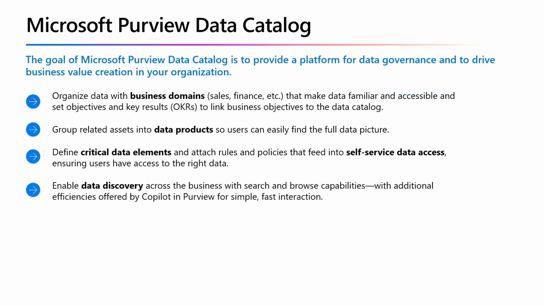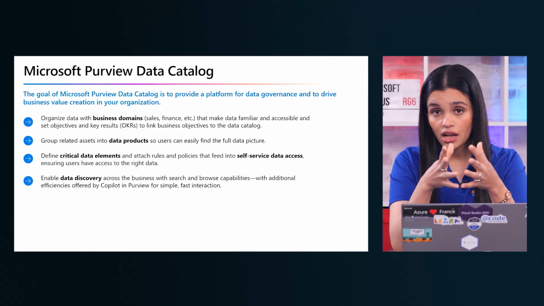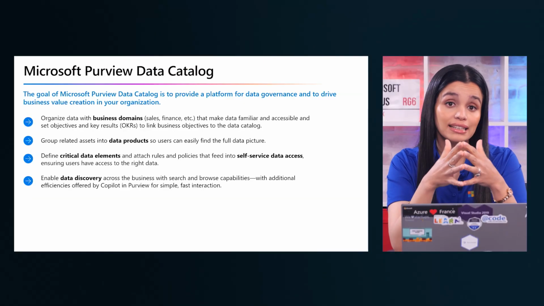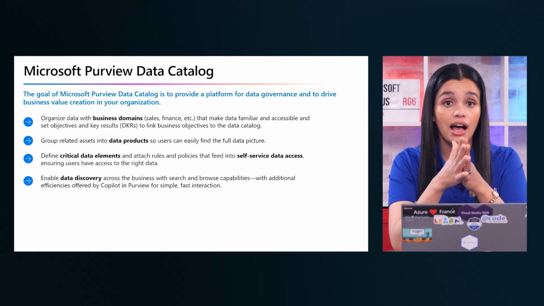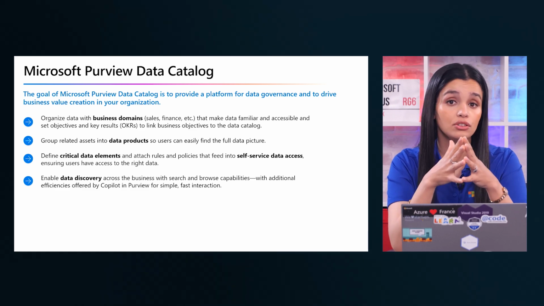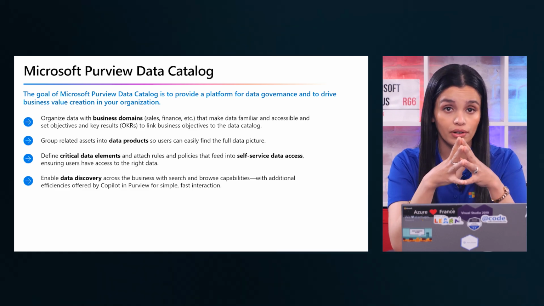Microsoft Purview Data Catalog is designed to enhance data governance and drive business value. It offers features like governance domains, which organize your data by business concepts such as marketing or finance, providing context and enabling common governance and discovery. Data products are business constructs that include associated data assets, offering context and use cases for data consumers.